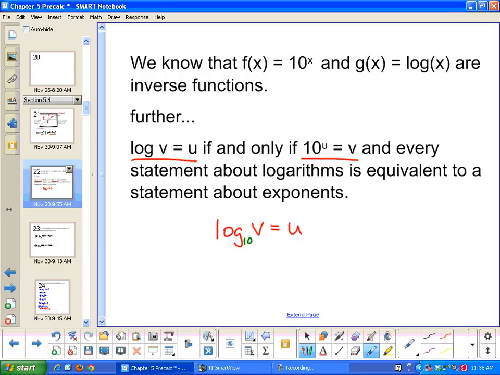So that statement can be transformed into an equivalent exponential equation, which would be 10, that base, raised to that u power equal to that v, okay? So those are going to be equivalent equations, and anytime you have a logarithmic equation, you're going to have an equivalent exponential equation.